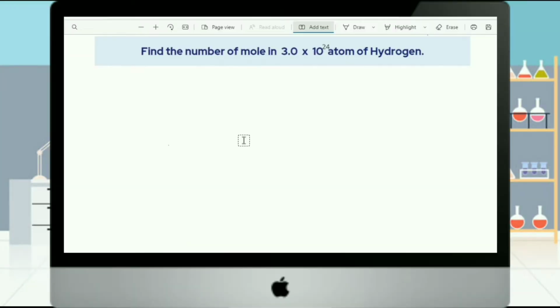In this example, we are asked to find the number of moles in a sample of 3.0 times 10 raised to 24 hydrogen atoms. Let us write our formula to better practice it and imprint it in our minds.